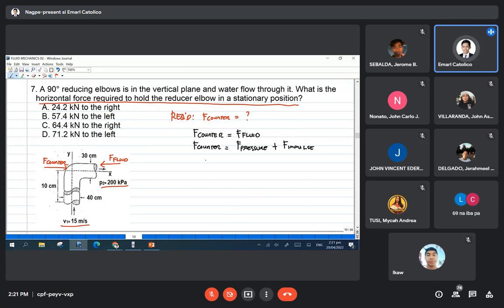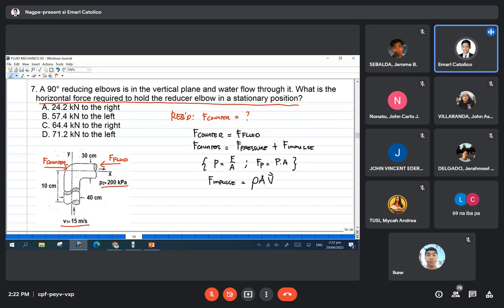pressure muna tayo. Formula ng pressure, in terms of force, is F over A. Tama? So, force in terms of pressure is equals to pressure times area. In terms of impulse naman, force in terms of impulse, since water ito, since hydraulics ito, formula natin is density times area times velocity.